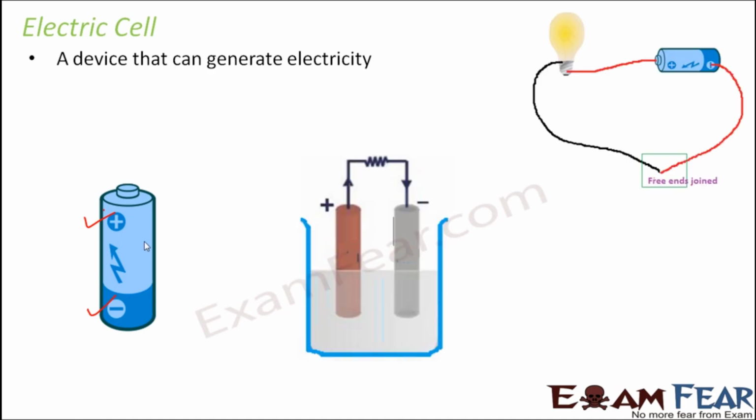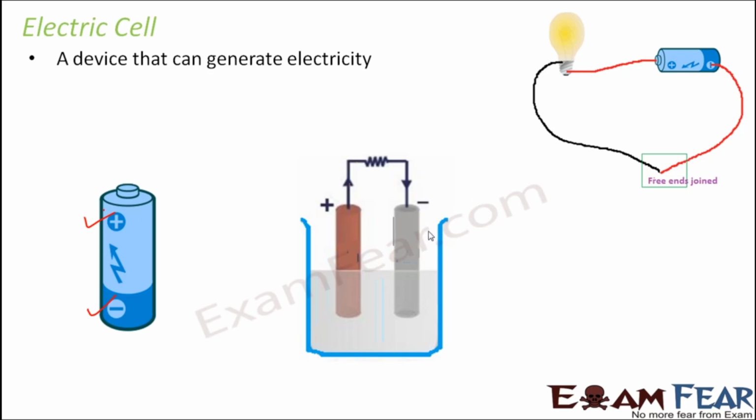Now you might wonder what is inside this small cell that causes electricity to be generated. If you look at the internal structure or composition of a cell, you will see that there are a lot of electrochemical processes, a lot of chemical reactions taking place inside the cell, because of which the flow of electrons takes place.